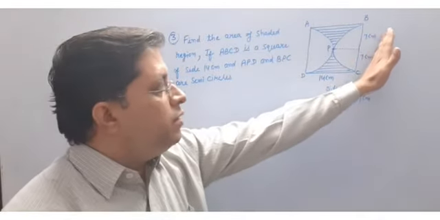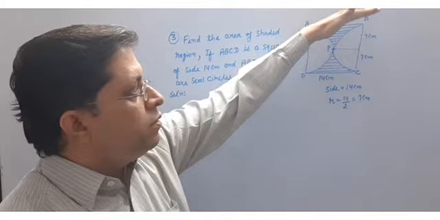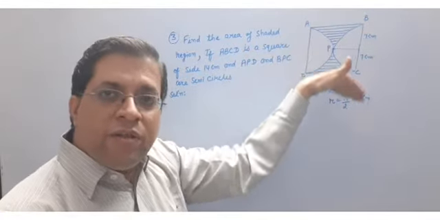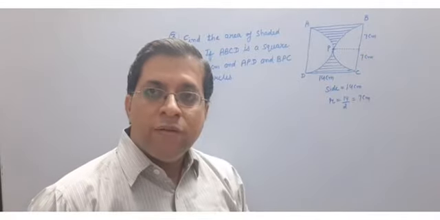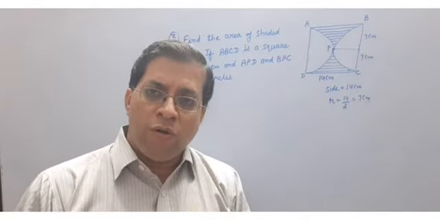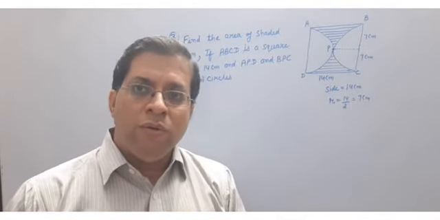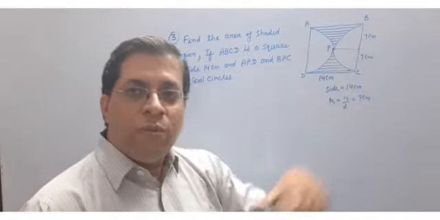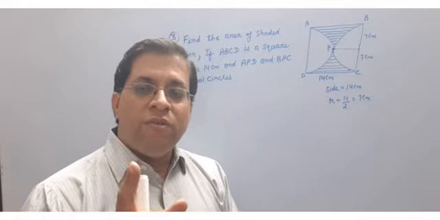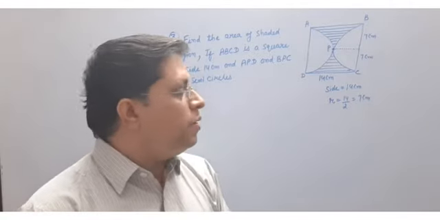Total is 14, then 7 and 7 is this part. If I draw one perpendicular from there, then the diameter is 2r, no? The r will be d upon 2. It means 7 and 7. So the radius of the semicircle will be 7 centimeter.